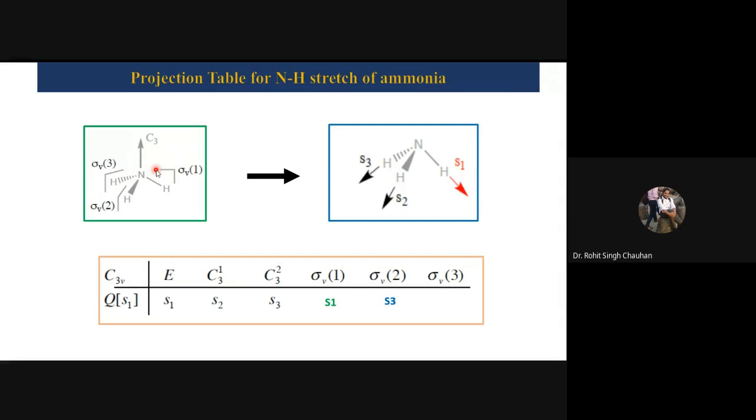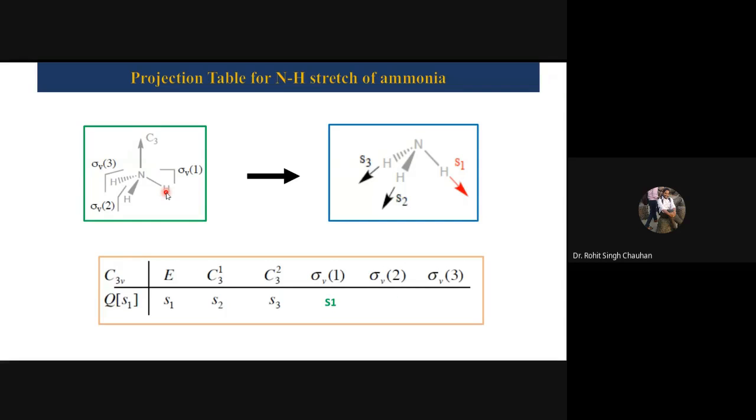But here the whole projection operator is going to operate on S1. So we will only focus on what changes happen to S1 during the symmetry operation. So this is sigma V3, right? Now S1 will change to S2 and S2 will become S1. Since we are focusing on S1, what will we write here? Its position will be S2.